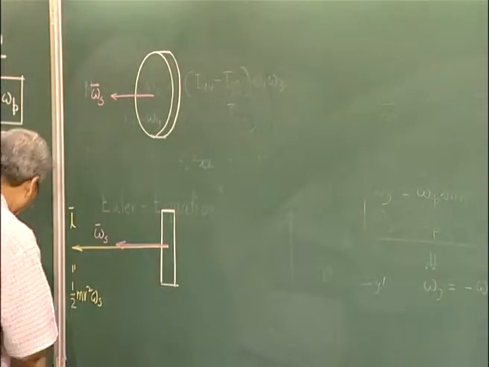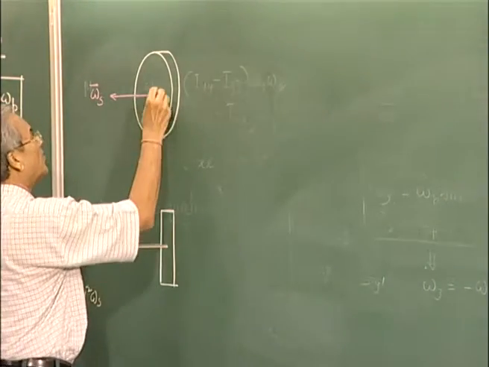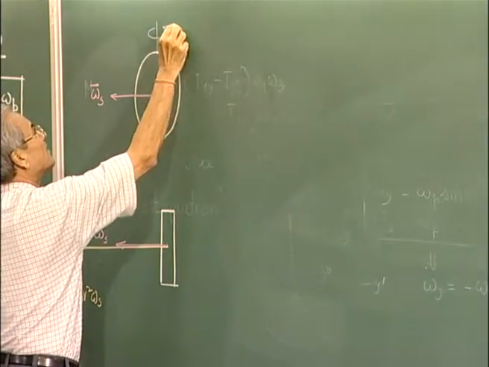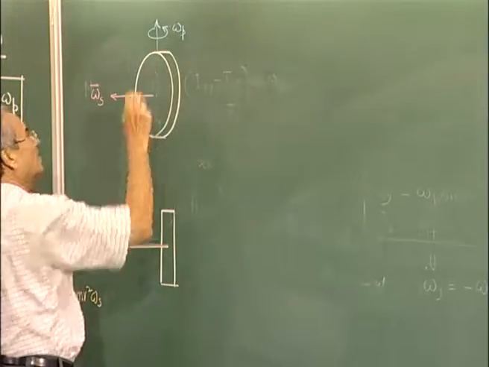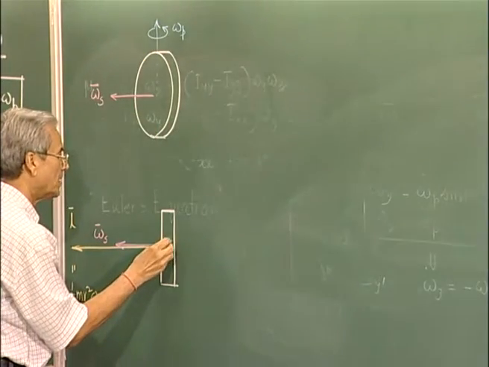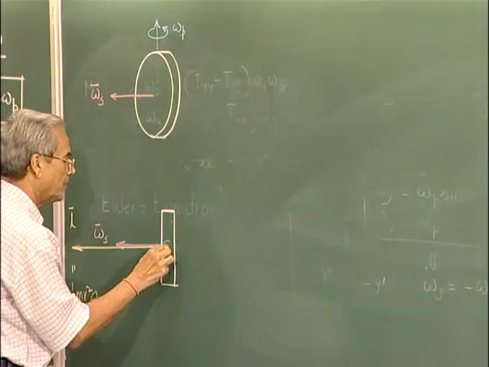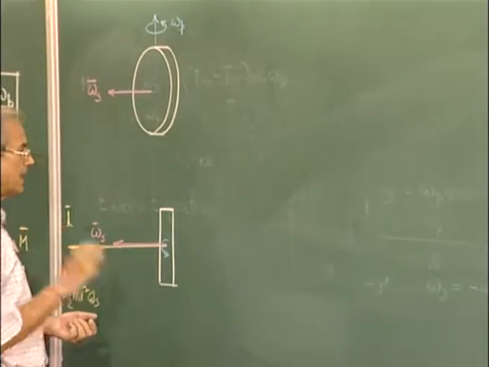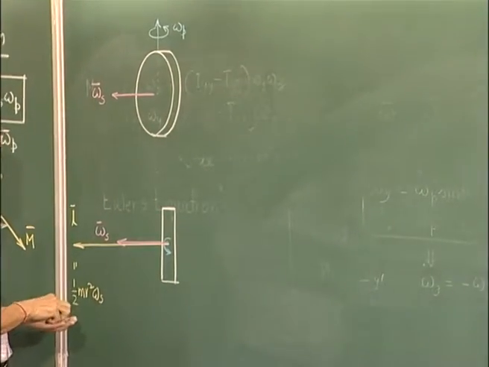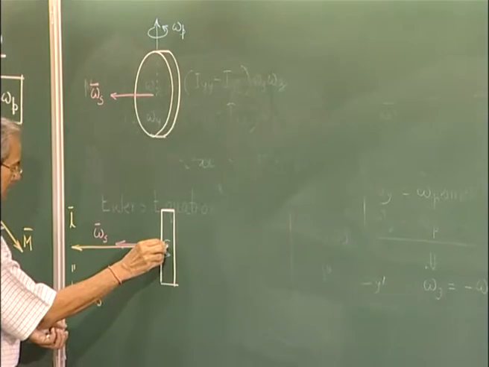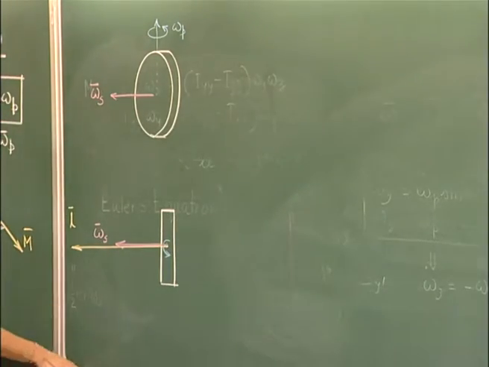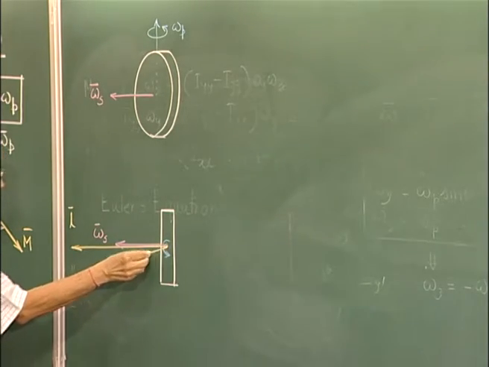Now, I am giving a rotation to this about this axis. That means I am giving a rotation about this with a velocity omega p. So, in time delta t, the whole thing will come somewhere here.